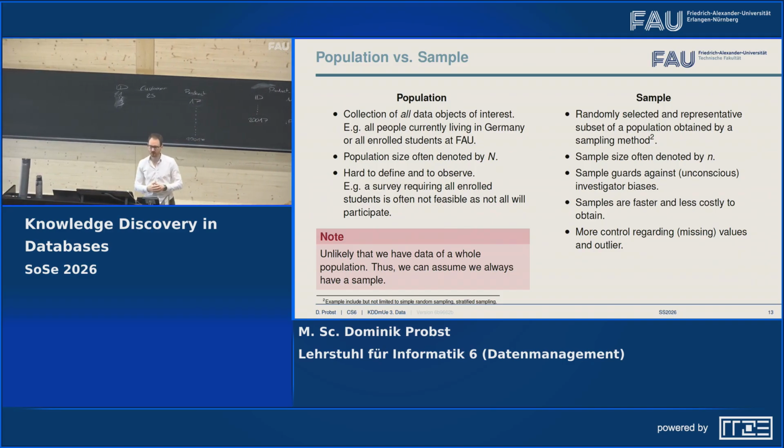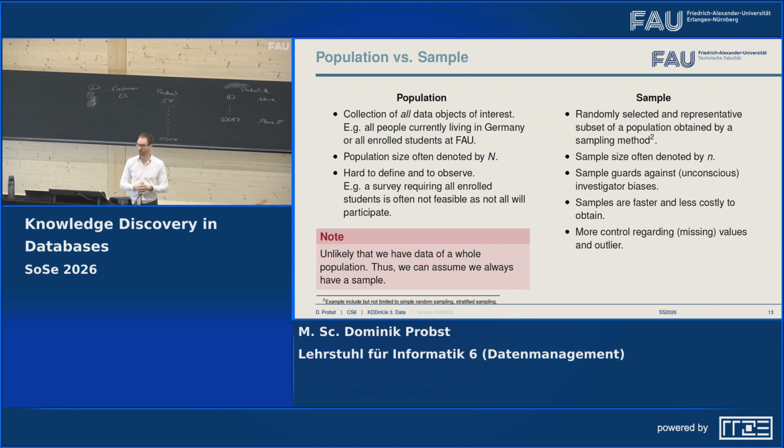So, for example, the population of FAU students is every single student enrolled at FAU, whether they are present at FAU, actively studying or not. We're talking about everyone.